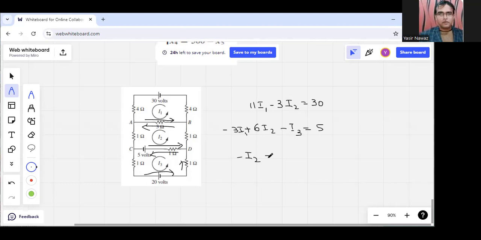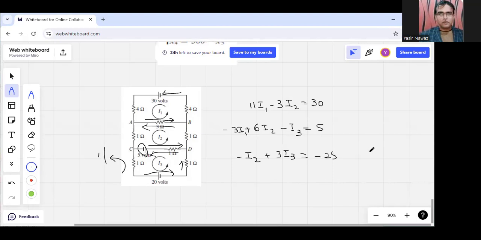So it's 3 I3 is equal to, no, look at it. Here in this battery current is flowing in this direction, but here for I3 current is flowing in this direction from the battery. So this has the opposite direction than the previous one. So I will use minus 5 and 20, so minus 25.